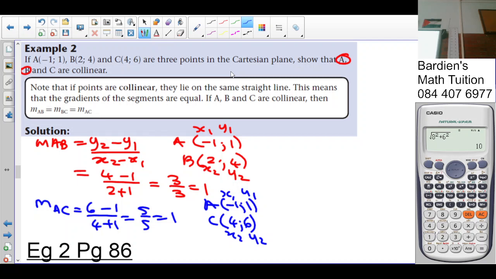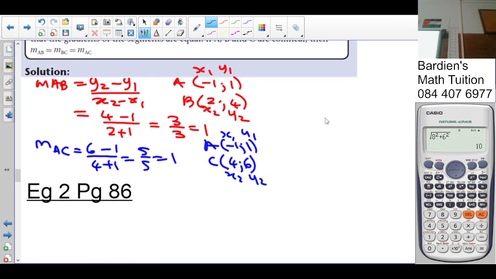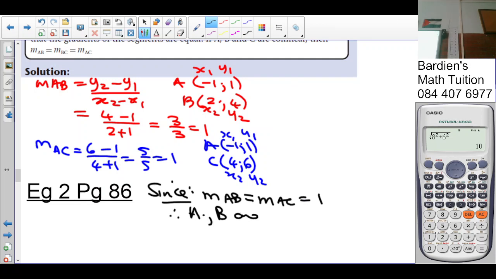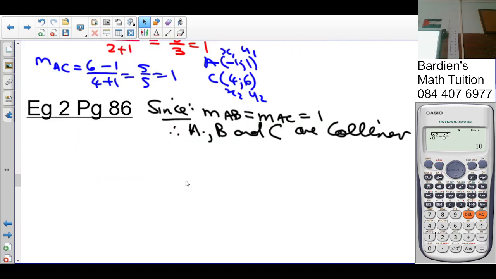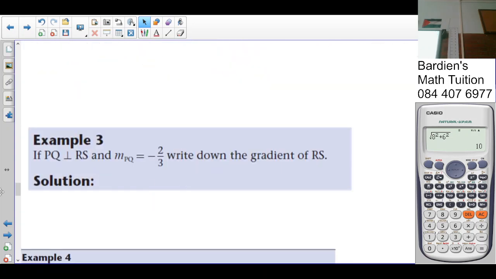So we conclude, since, to state the obvious, the gradient of AB is equal to the gradient of AC, which is equal to 1, therefore A, B and C are collinear. You guys understand?